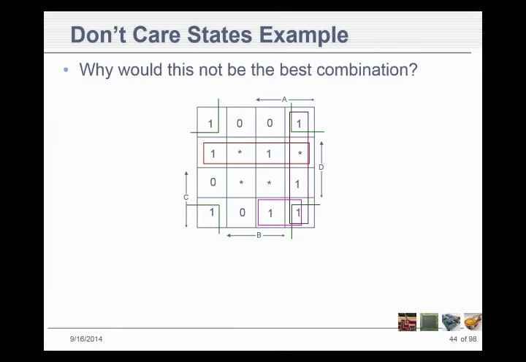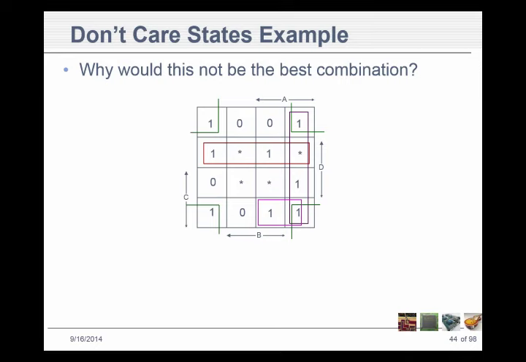Okay, so here's another possible combination I've got, and I'm asking why might this not be the best combination? A lot of redundancy? Well, there is a lot of redundancy, and that depends on what you're wanting.